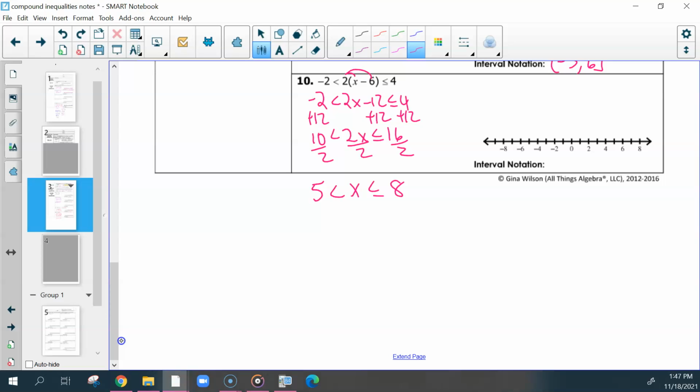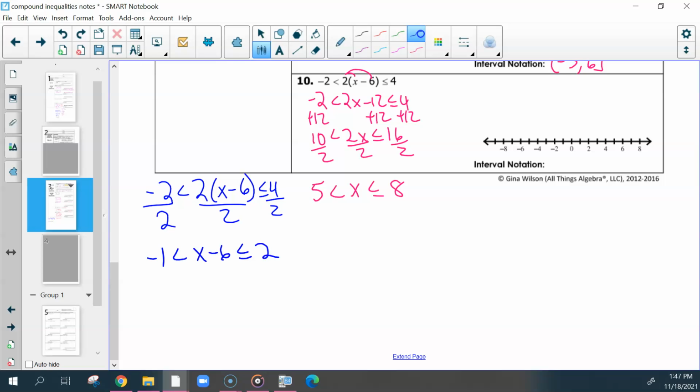Before I grab this and do interval notation, let me do the other way. So I could divide each piece by 2 since they're all divisible by 2. So this would give me -1 is less than x minus 6, which is less than or equal to 2.